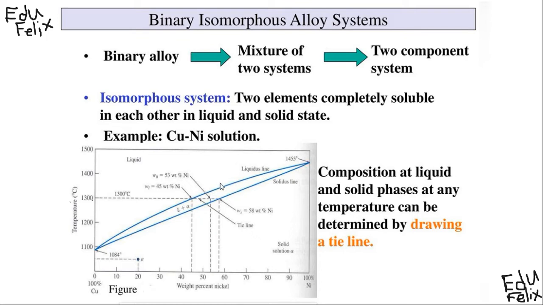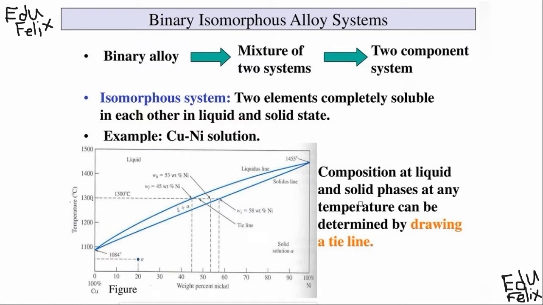In between there are no other forms. So if you get a point like this, it only has copper and nickel. Here you have 45 weight percent of nickel, and here you get 53 weight percent of nickel. That is only in isomorphous systems.